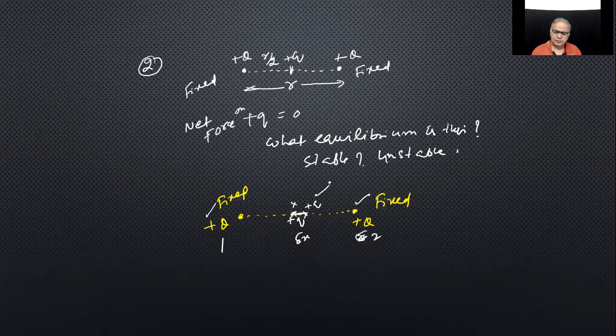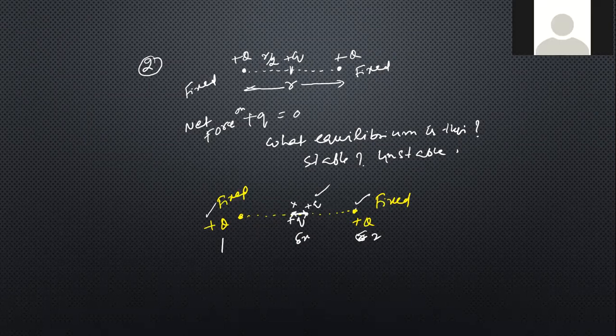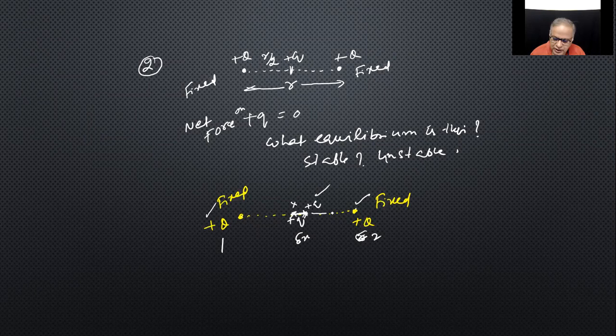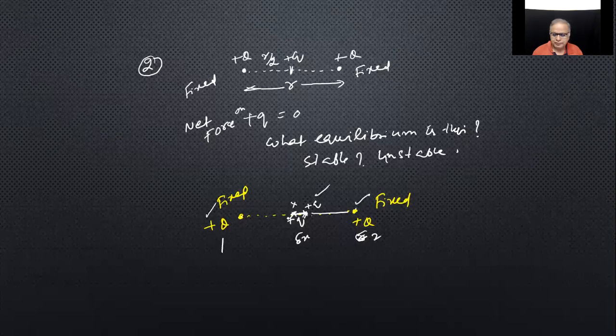Vamshi? So it will go back. It will move back because previously at this distance, the forces were equal. Now when I moved it like this, the repulsive force will increase. Why? The distance has decreased, isn't it? So it will be pushed back again. Slightly disturb and leave it. Don't hold it.